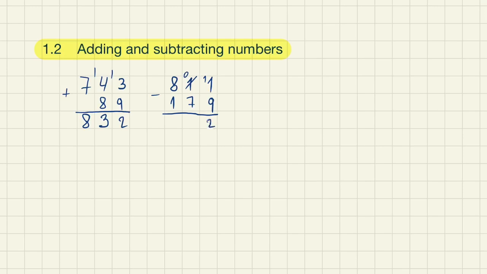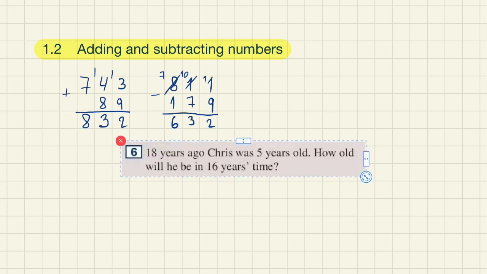Then we have to borrow something from here because we can't subtract anything from 0. So 10 minus 7 is 3. And we have 7 minus 1, which is 6. So the answer is 632. Okay, this is addition and subtraction. I'm pretty sure you all are familiar with this by now, but again, just a small review. It doesn't hurt.